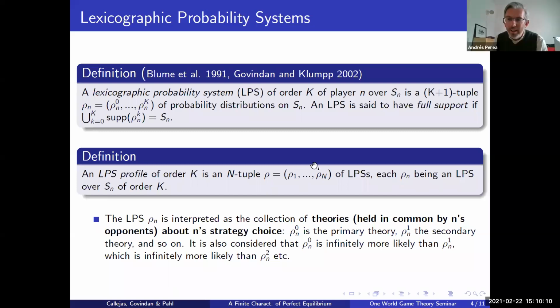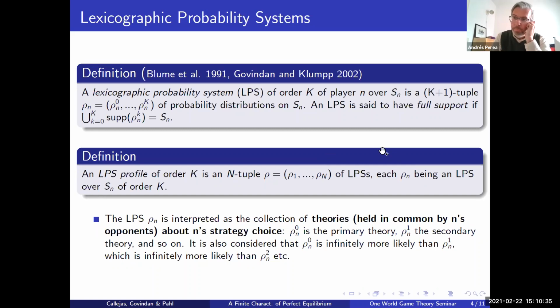I have a question. Yeah. So do you then assume that the different levels of the lexicographic probability system have disjoint supports? No, no assumption of this kind. Okay. Because then perhaps this interpretation is not so compelling, in terms of primary theory, secondary theory, and so on.